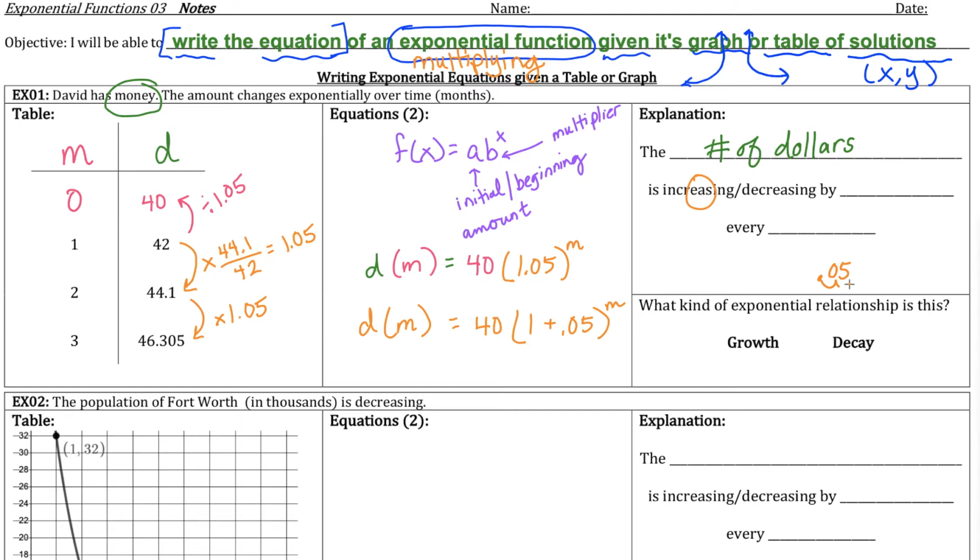If we move it back to the right, that means we get 5%. So the number of dollars is increasing by 5% every month. And you can see that we are increasing: 40, 42, 44, 46. So this is called exponential growth. It says, what kind of exponential relationship is this? It's growth.